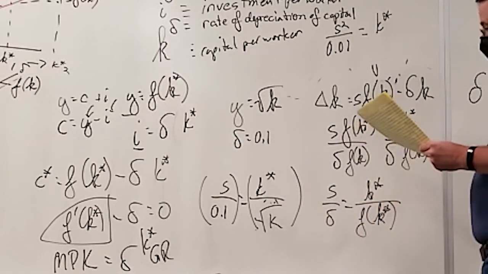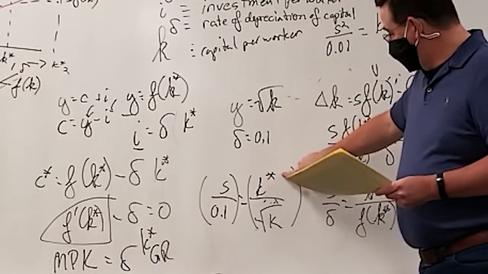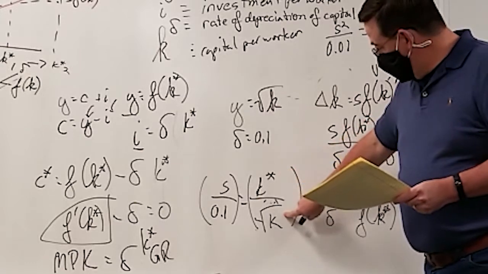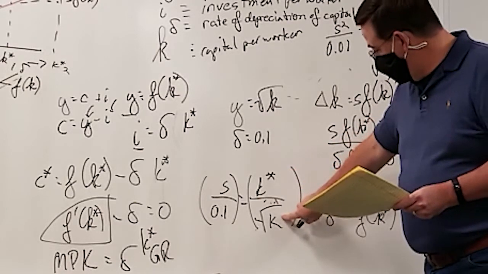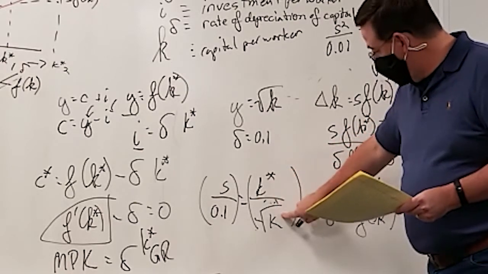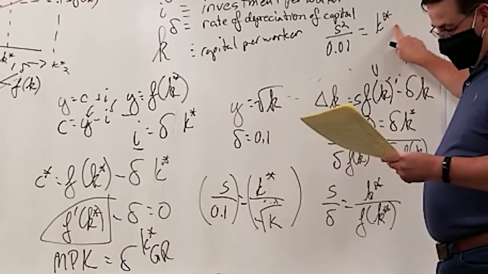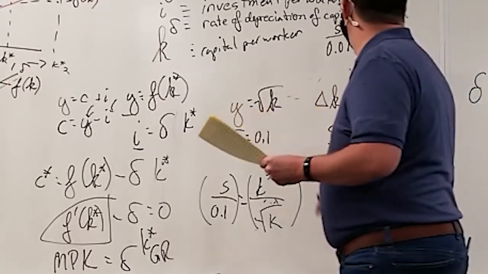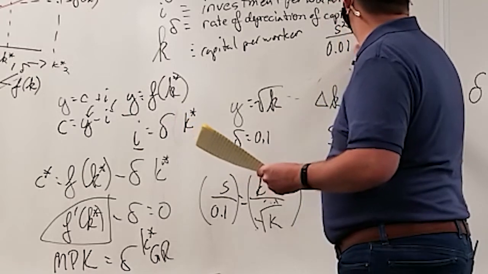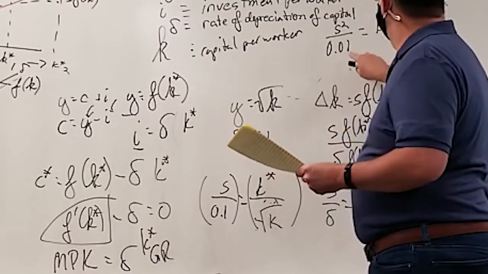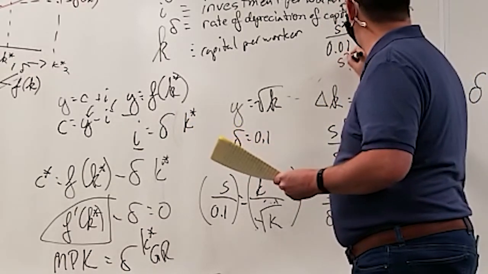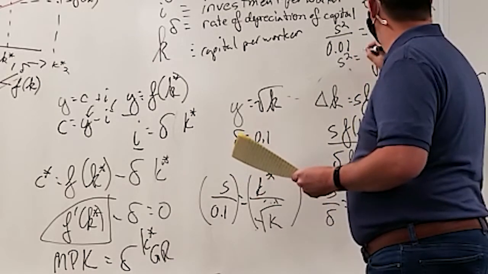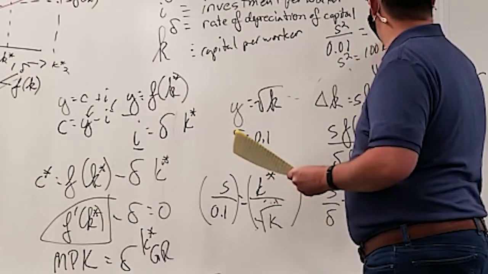And that falls out because k star squared over the square root of k is k star squared over k, which is equal to k. And then I can multiply both sides by 100 to get this out of the denominator. So s squared equals 100 k star.